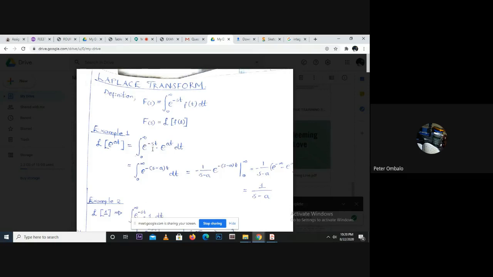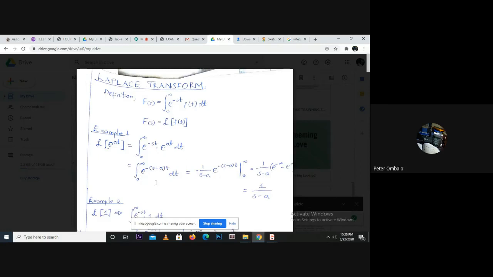If you have the two, you're multiplying them, so they have the same base. We can put one base and do the thing with the indices. So then it becomes e to the negative into s minus a. Becomes s because we are adding this one, but we have introduced the bracket, so it becomes e to the negative s minus a.